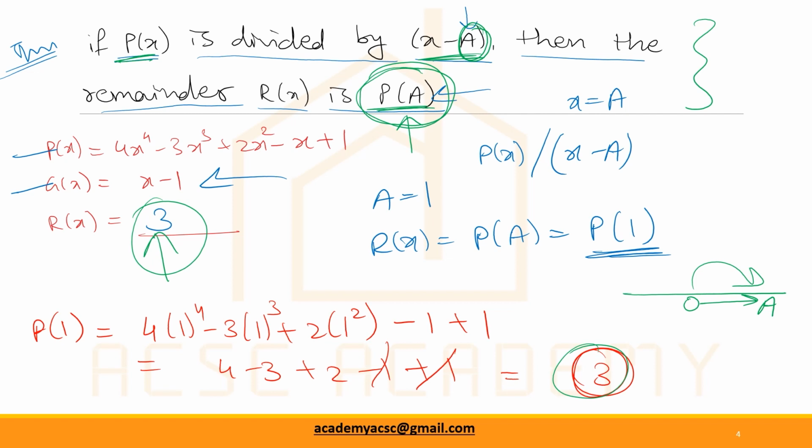So next time, whenever you encounter such questions where you have been given a polynomial p of x and it is being divided by a linear equation and they're asking you to find out the remainder, then there is no need to divide it completely. You can simply substitute this particular value in that polynomial, for example p of 1 in this case, and you can declare that to be the answer. That would be the remainder of that division. So this is a trick which you can use for solving the problems.